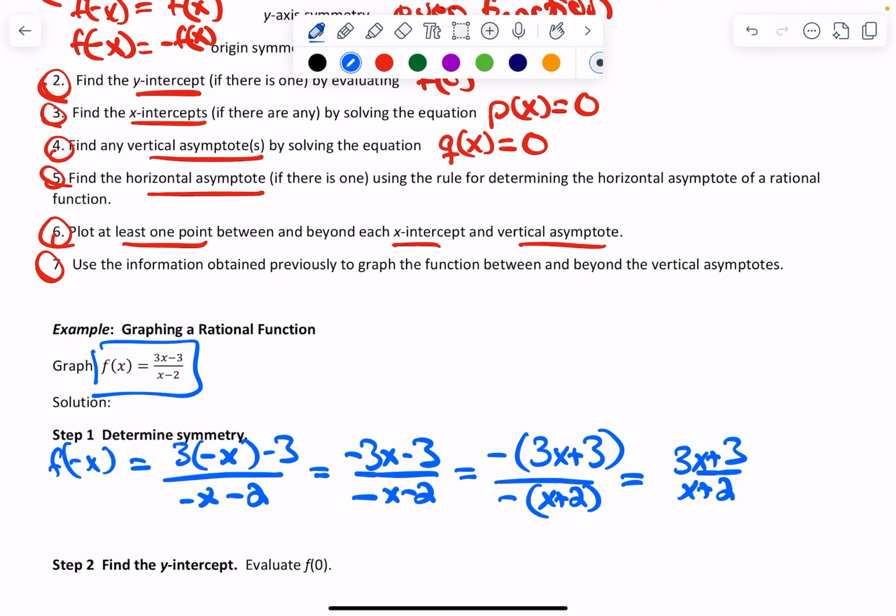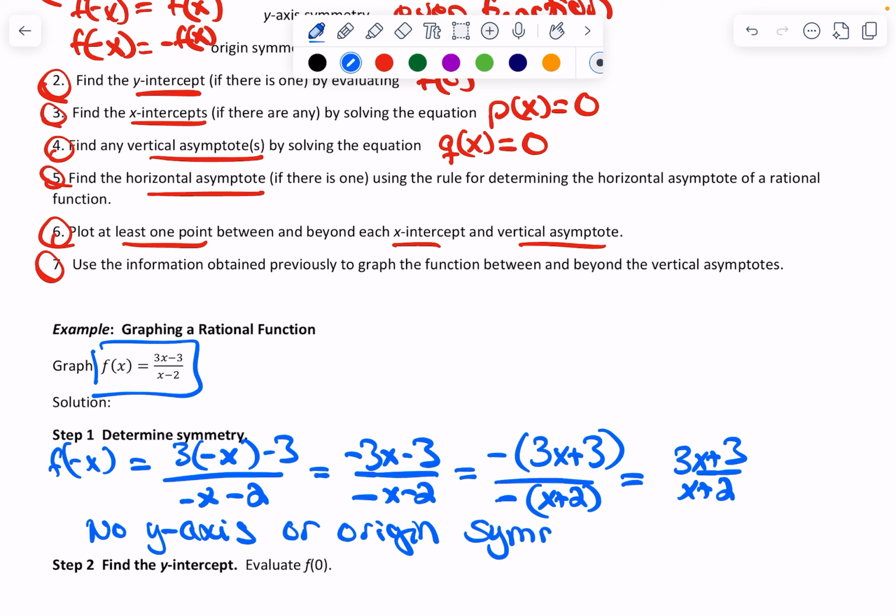If you look at this, f of -x is not f of x, and it is not negative f of x. We took out the negative sign, but they actually canceled each other. So no y-axis or origin symmetry. It's neither odd nor even.